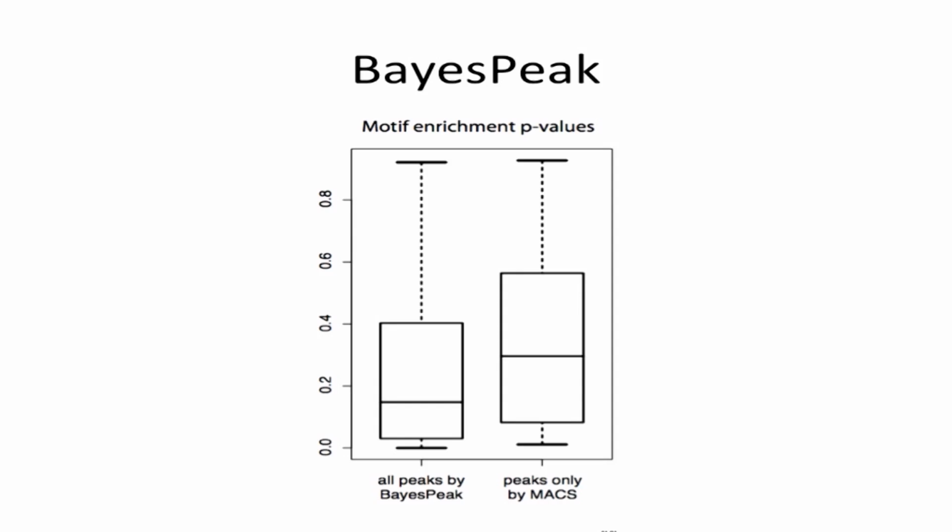This is actually doing this analysis across many ChIP-seq data sets, and this is actually a p-value, so some of you might have things to say about this, but the scale here is p-value. Basically, what it's saying is that the enrichment p-values in BayesPeak for enrichment of DNA motifs within the peak regions are overall better because the p-values tend to be a little bit lower, right?